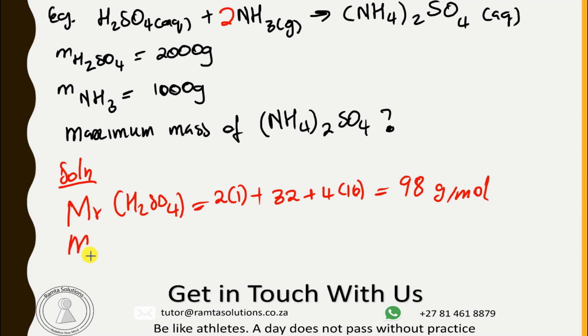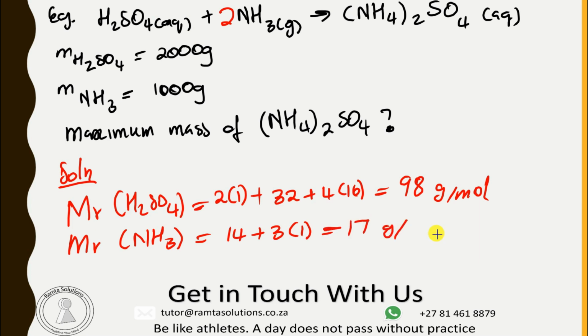And then we have Mr NH3. I believe nitrogen is 14, hydrogen is 1. This is 17 grams per mole. Lastly, the question is looking for the mass of ammonium sulfate. So Mr (NH4)2SO4. What is it?